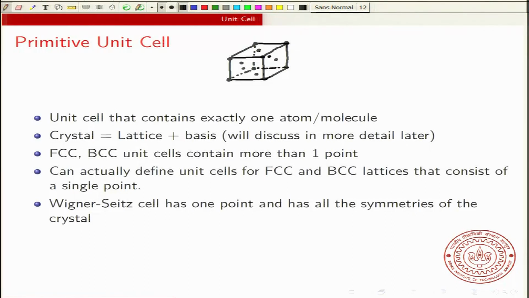So this is an FCC. Whereas a BCC will look exactly like this, only there is one additional point at the body center.